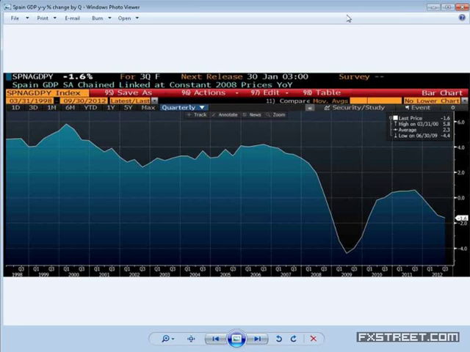Yes, it is a bit better than Spain. I didn't bring the Italian chart, Mr. Abraham, so I apologize. So unless we get returning growth, and the question for the world economy, of course, is where is it going to come from?